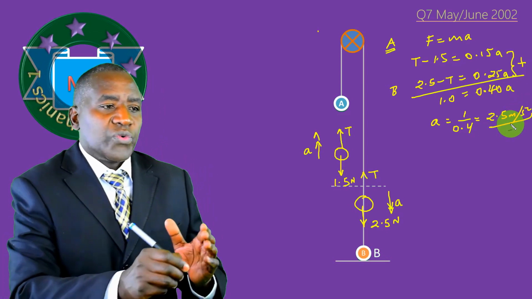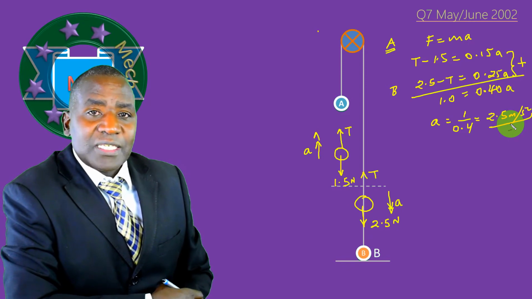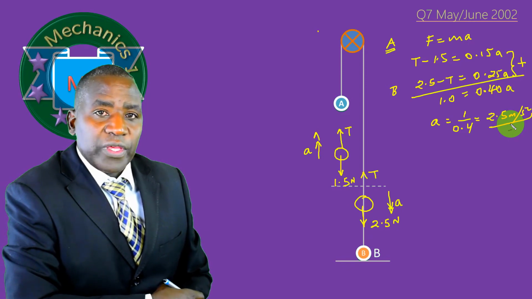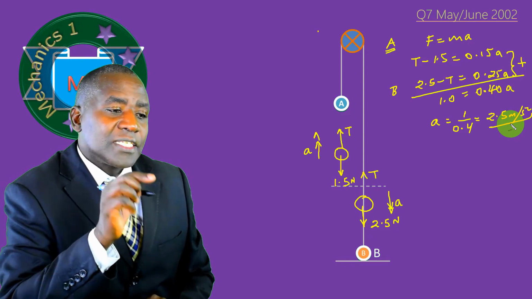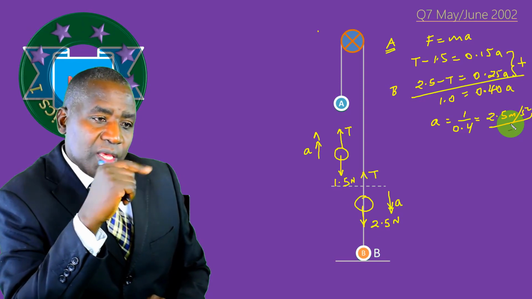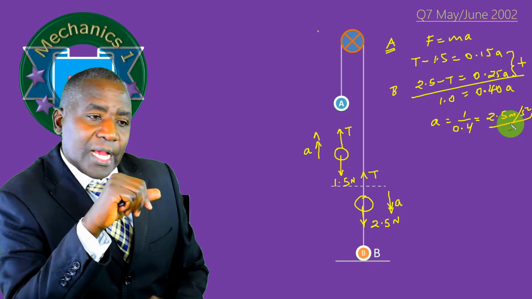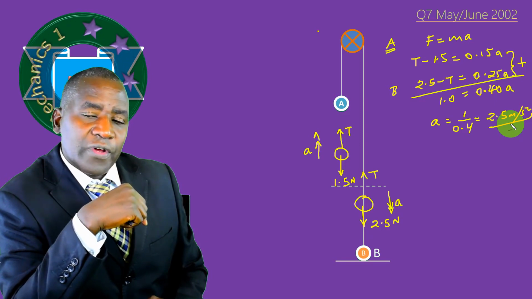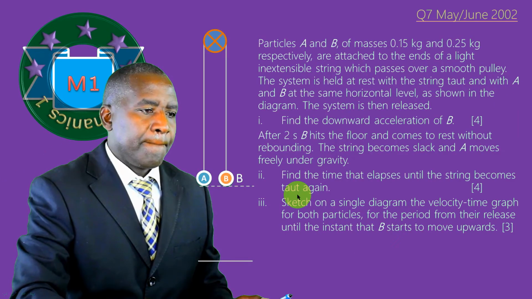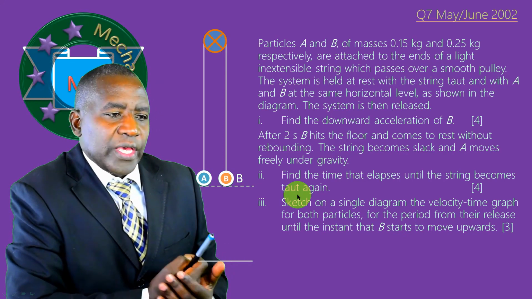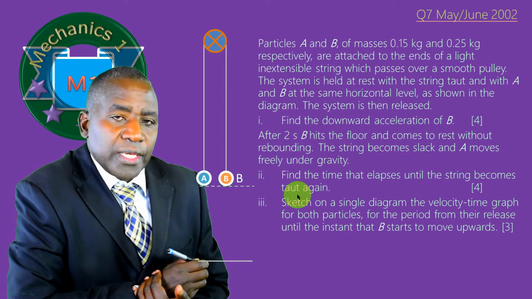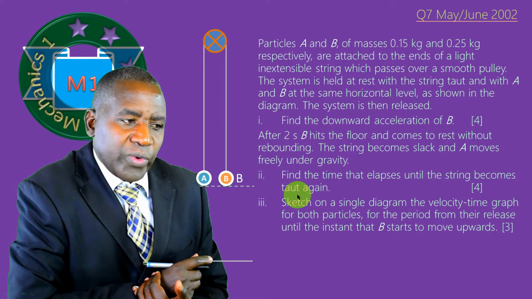That is the acceleration with which these masses are moving. So B is accelerating downwards with 2.5 meters per second squared, and A is accelerating upwards with the same acceleration. So we have found the downward acceleration to be 2.5 meters per second squared.